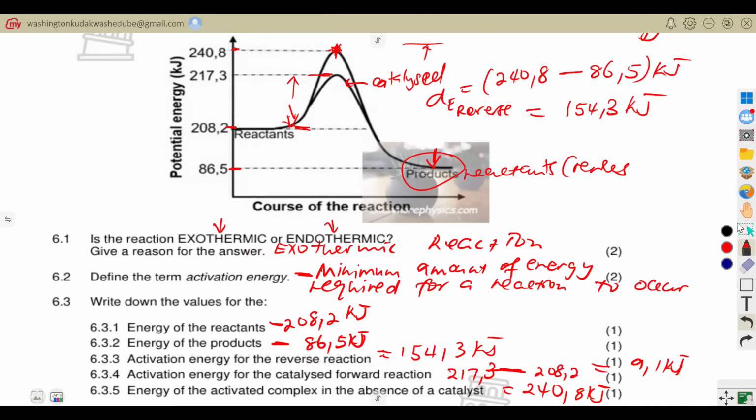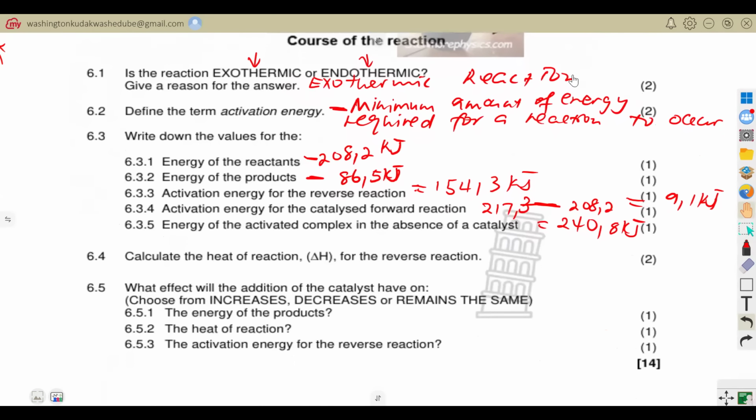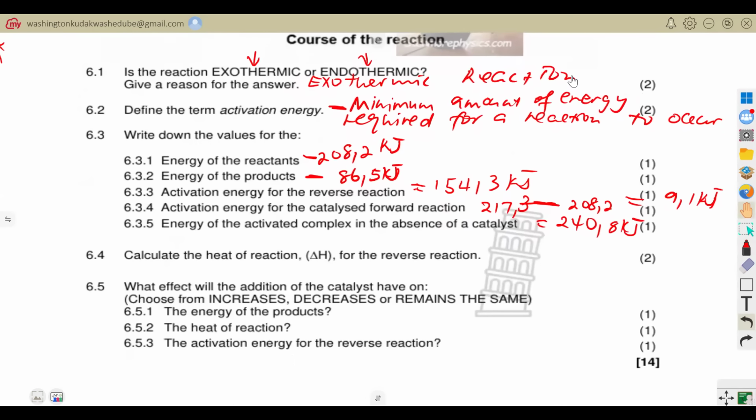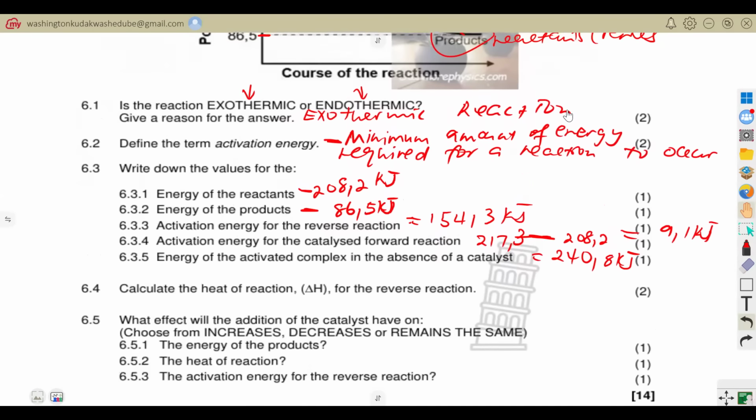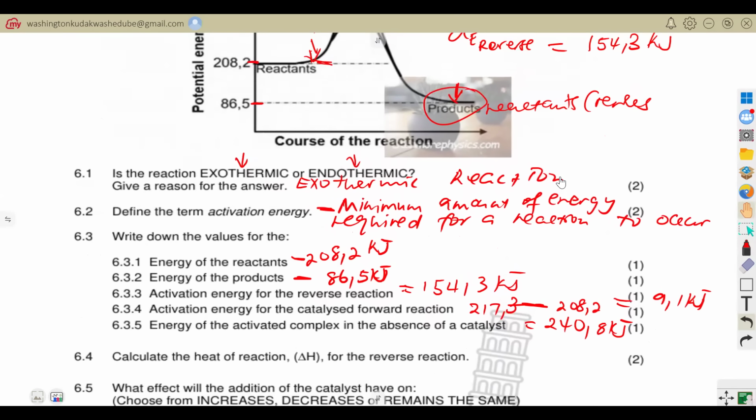Now let's look at the following questions. Calculate the heat of reaction of the reverse reaction. The heat of reaction, which is delta H, is H of products minus H of reactants.